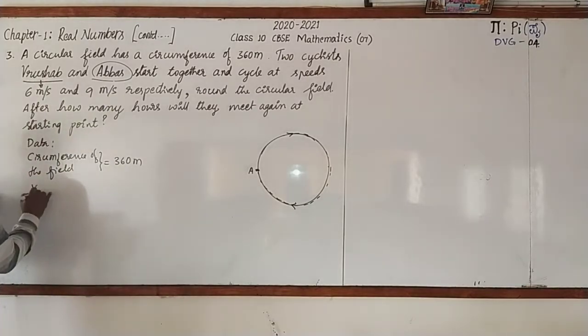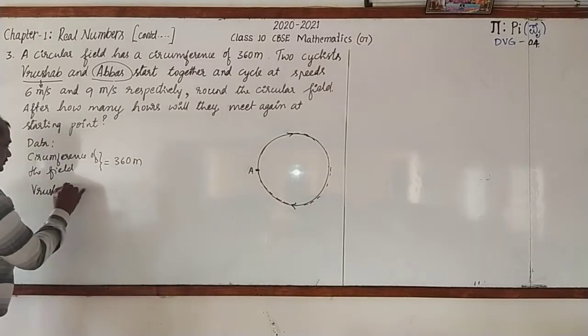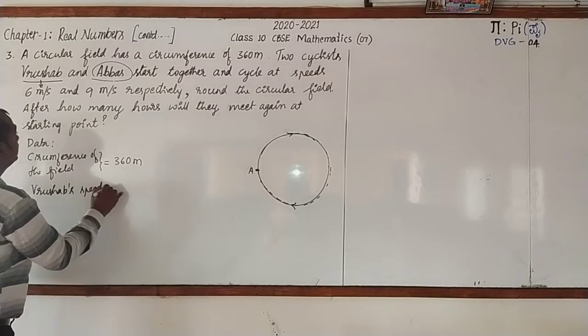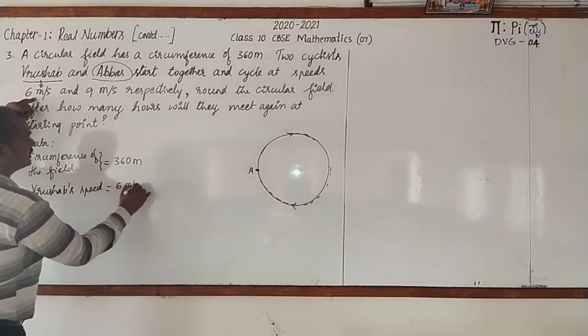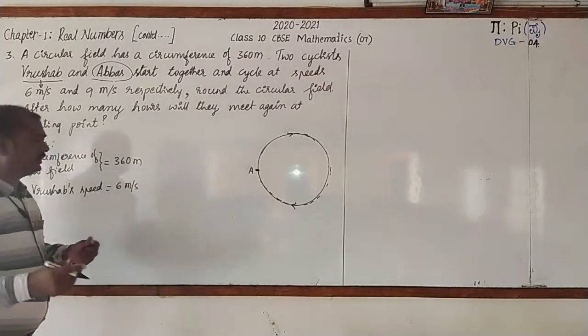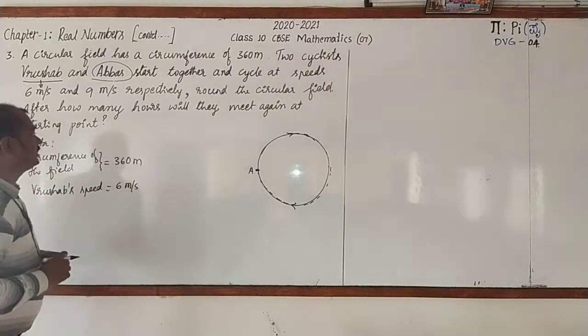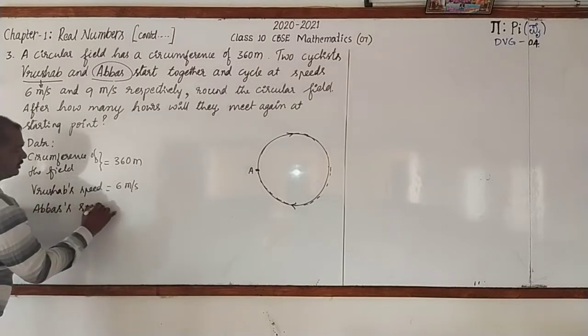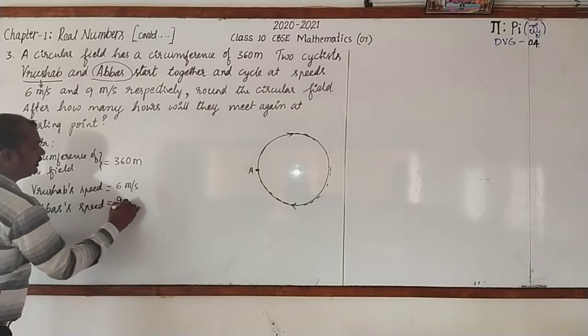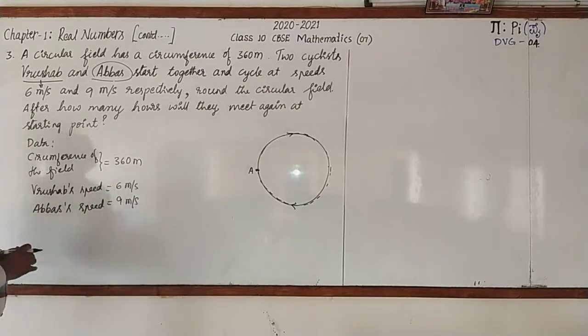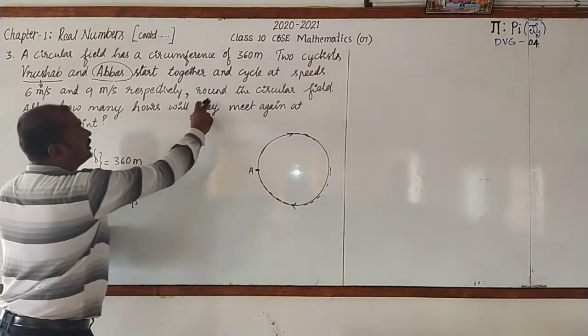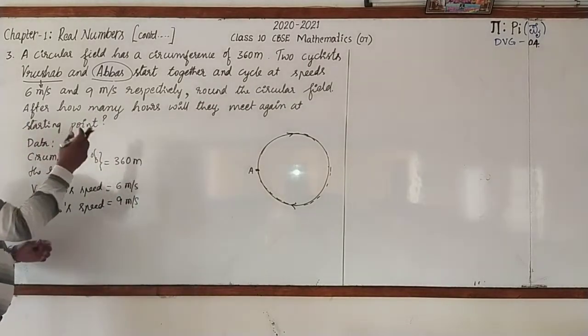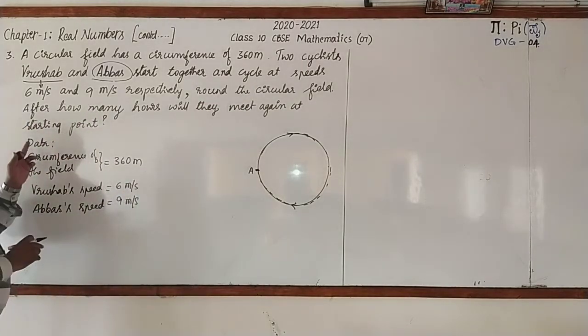Rushabh's speed is equal to 6 meter per second. That means every second he is covering a distance of 6 meter. Next, Abbas's speed is equal to 9 meter per second. Then around the circular field, after how many hours will they meet again at the starting point?